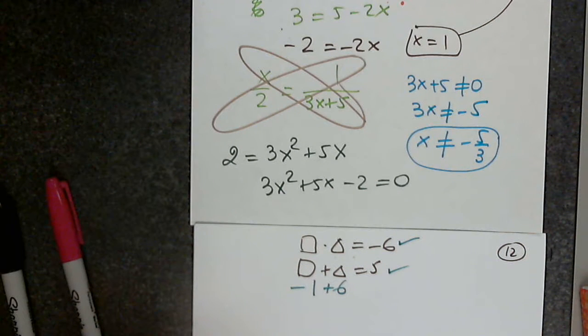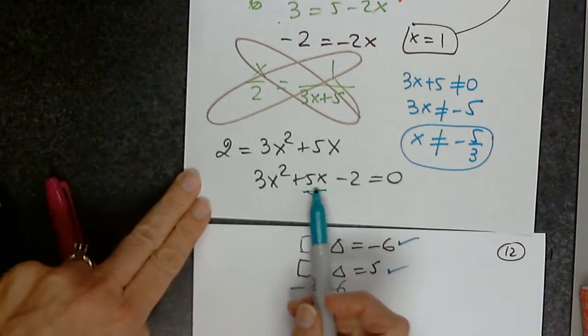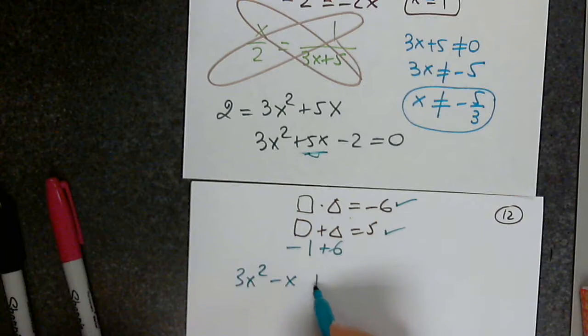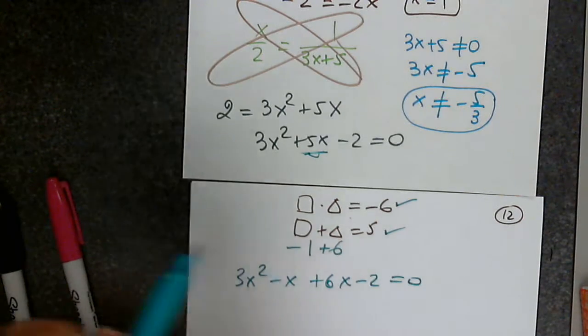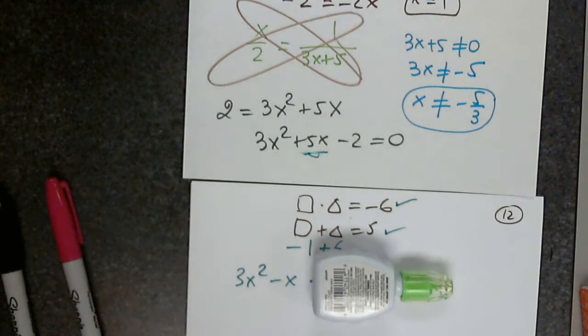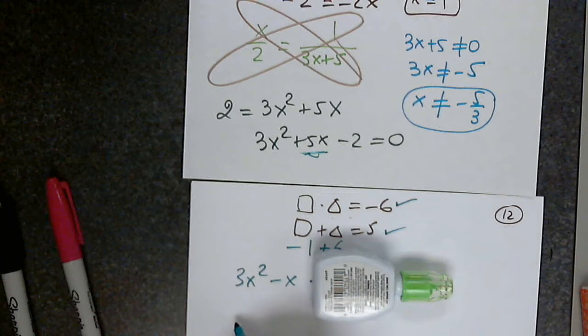Okay? Is that okay? Good. So now we change this. So we have 3x squared minus x plus 6x minus 2 equals 0. What do I factor out from the first two? And what do I have left?